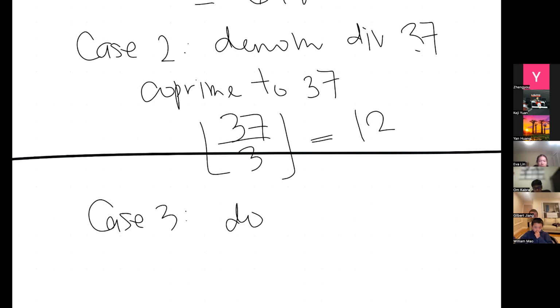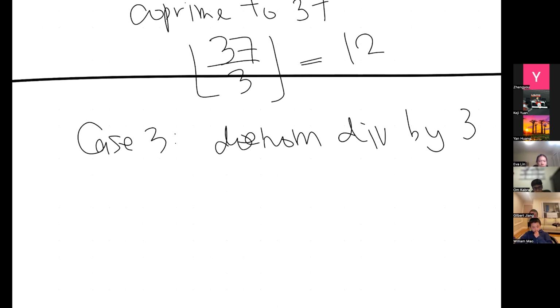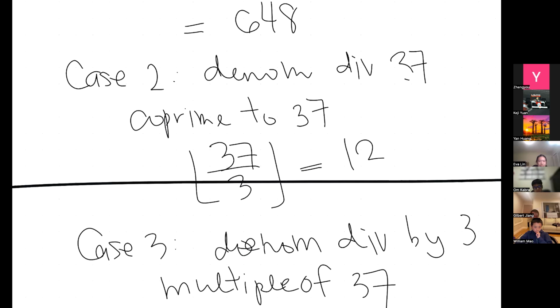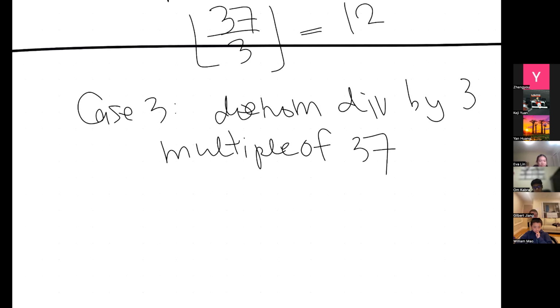Denominator is divisible by 3, which means that for us, it has to be a multiple of 37, following the same logic that we used in case 2. And you'll see that 999 is 27 times 37, which means that the largest power of 3 that could be a possible denominator is 27, right?